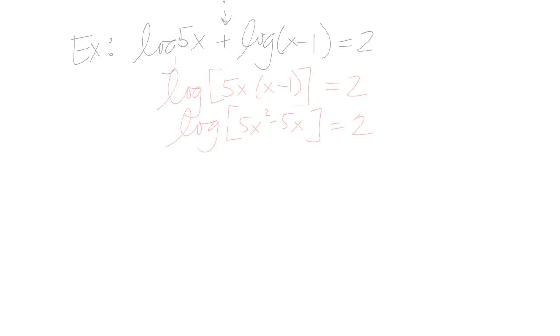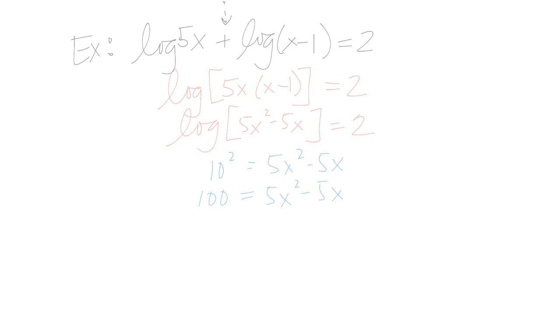I'll do the log definition here since the other one we did exponentiate. So I'm going to rewrite using the definition here. So I'm going to have 10 squared equals 5x squared minus 5x. 10 squared is 100, so I have 100 equals 5x squared minus 5x.